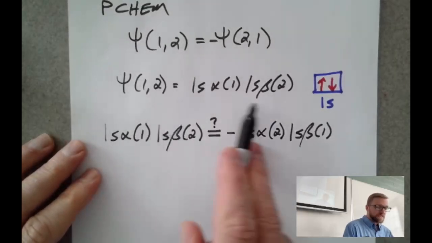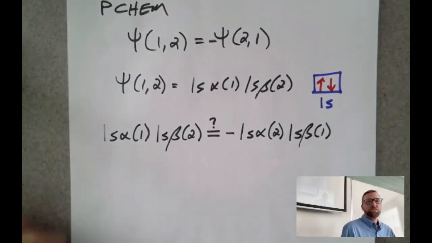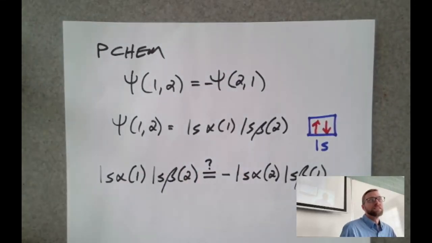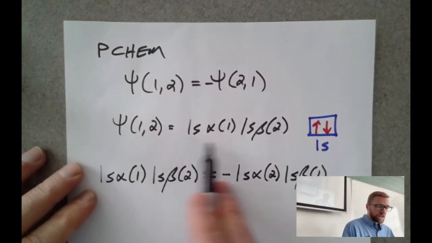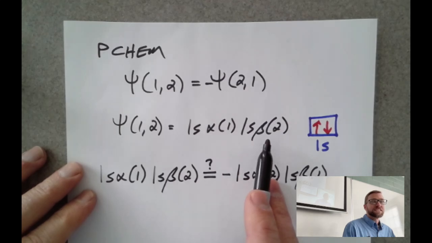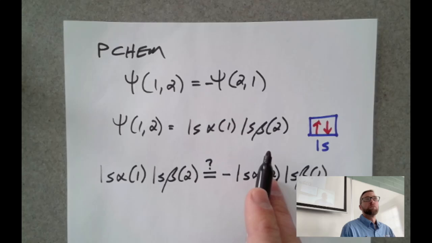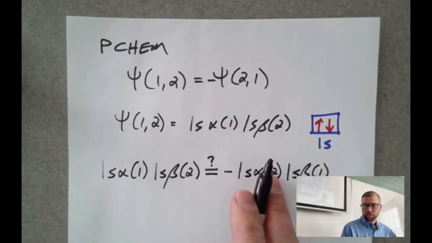So that means that this is not the wave function. This wave function does not satisfy the anti-symmetry requirement. So we must come up with another wave function to satisfy the anti-symmetry requirement.